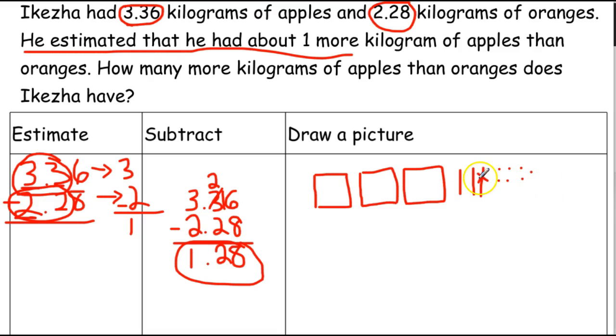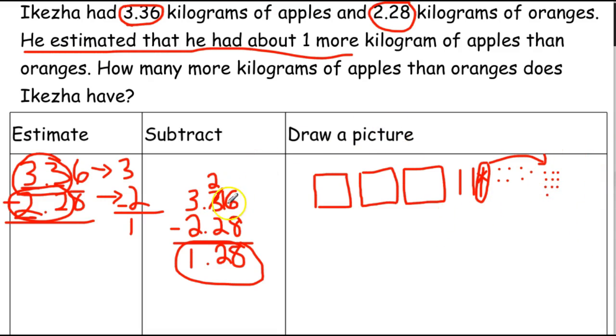So I'm going to take away one of my tenths and cross it out, but I'm going to show that I'm regrouping it by drawing an arrow over here to show where I'm regrouping it to. I'm regrouping it to 10 because there are 10 hundredths in 1 tenth. 1, 2, 3, 4, 5, 6, 7, 8, 9, 10.